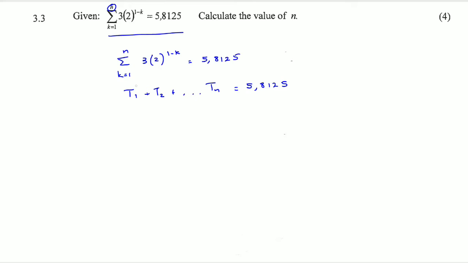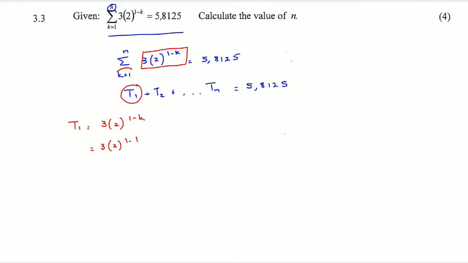Now if we wanted the value of, say, term 1, how would we find that? This formula gives us the value of each term. Term 1 will be 3 times 2 to the power 1 minus k, and k is equal to 1, so 3 times 2 to the power 1 minus 1. How do we know that k is 1?